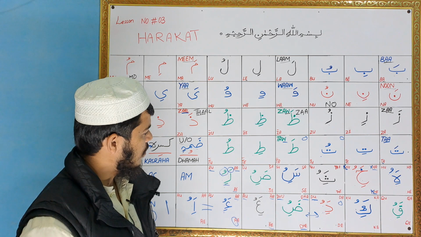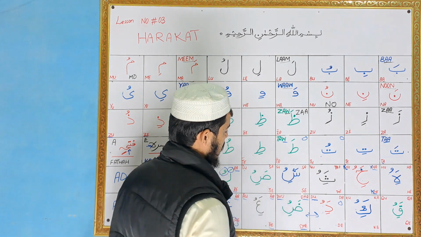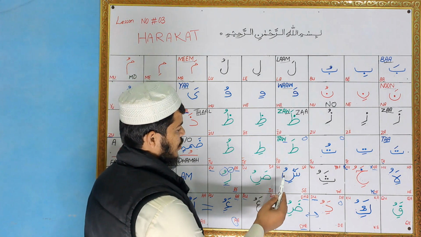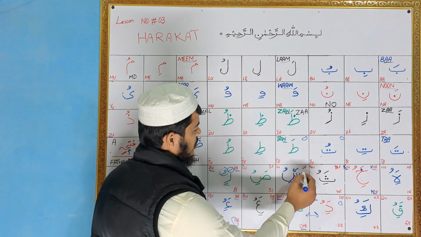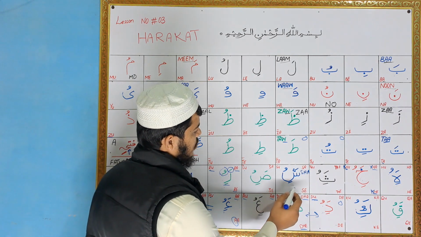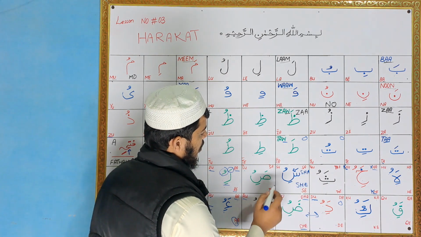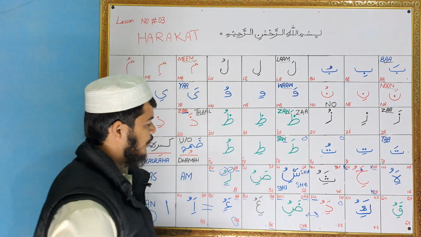And I think the letter sheen is missing as well, so we will just replace it with the 3 dots and it will become sheen. Sheen fatha, then it will be sh sound. Sha, sheen kasra, shi, and sheen dhamma, shu.